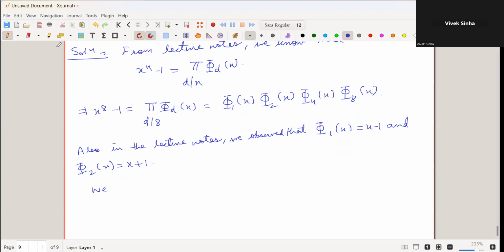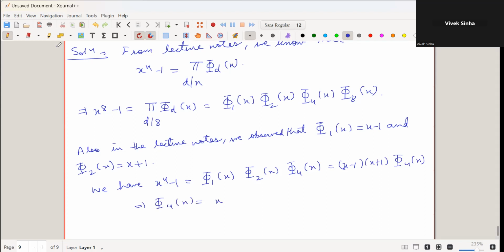By the same idea, x^4 minus 1 is the product of the cyclotomic polynomials of the divisors of 4, that is phi_1(x), phi_2(x) and phi_4(x). So this is x minus 1, x plus 1 and phi_4(x), which implies phi_4(x) is x^4 minus 1 divided by x squared minus 1, that is x squared plus 1.